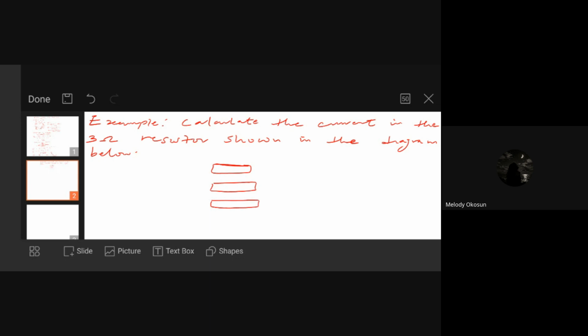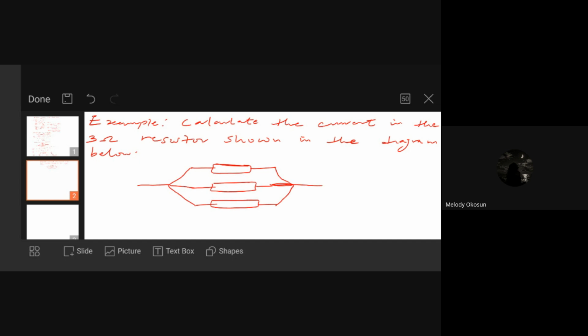Each of them is connected in parallel. I'm trying to sketch a circuit diagram. This is how the circuit diagram looks. I'm not so good at sketching, but I really hope this is clear enough.